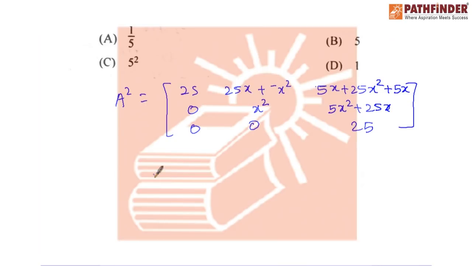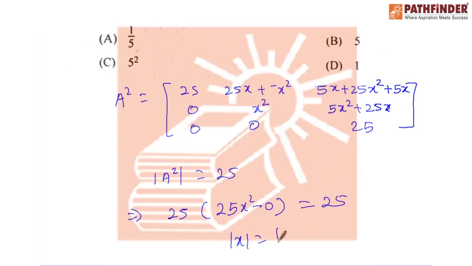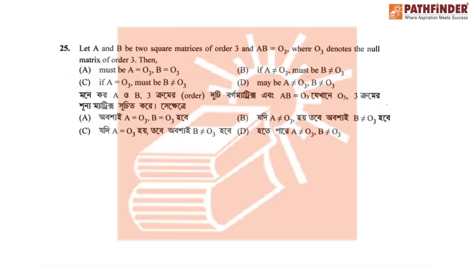Now since it is given that A square is 25, so we will get 25 times 25x square minus 0 equal to 25, or mod x equal to 1 by 5, which is given in option A.